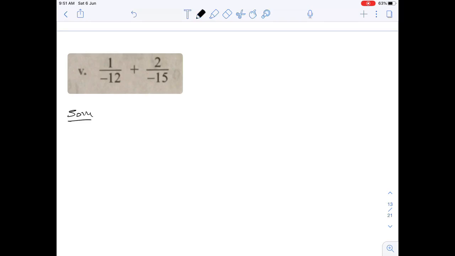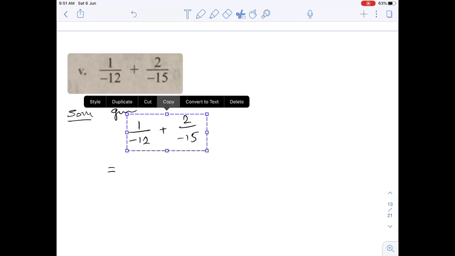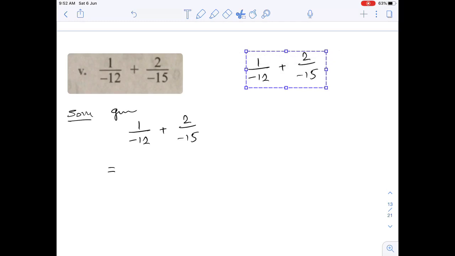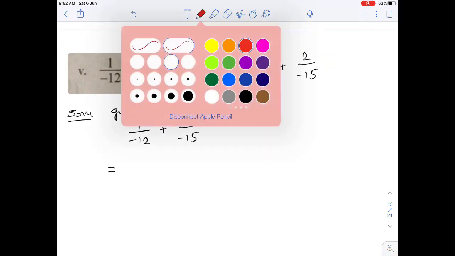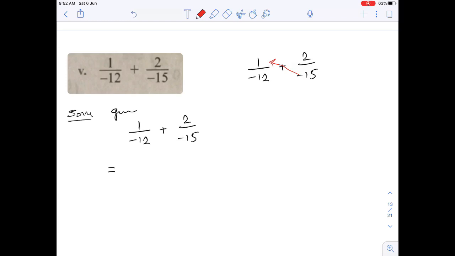We have 1 upon minus 12 plus 2 upon minus 15. So we are going to multiply this minus 15 with this 1, then minus 12 with this 2, and these two denominators with each other. Let us see what we get.